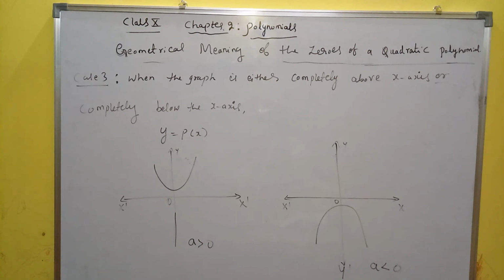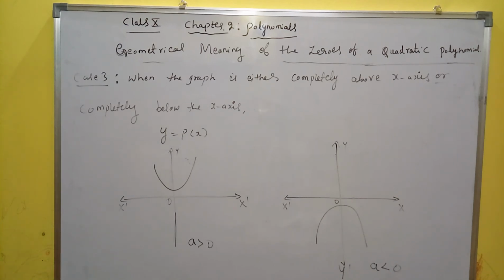When the graph is either completely above or completely below the x-axis, the graph of y equal to p of x does not cut the x-axis at any point. That means the quadratic polynomial has no zeros.